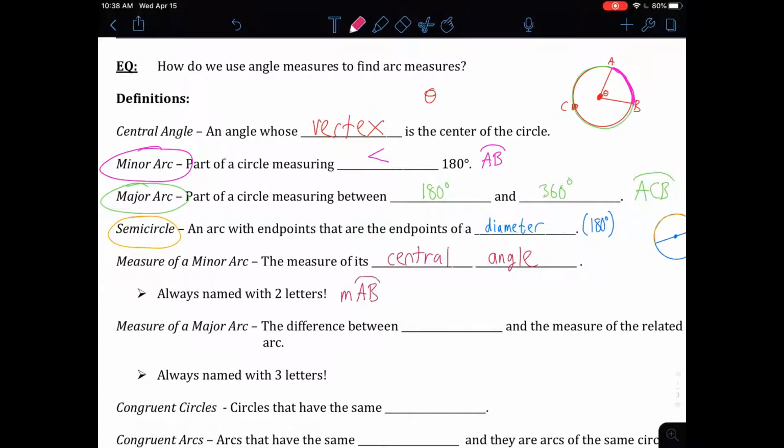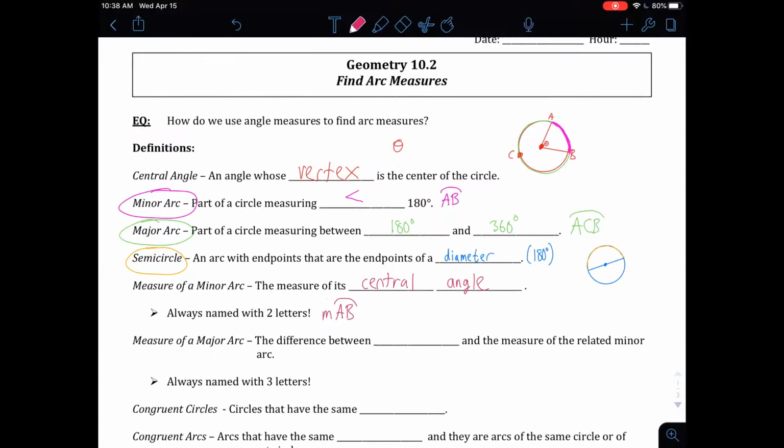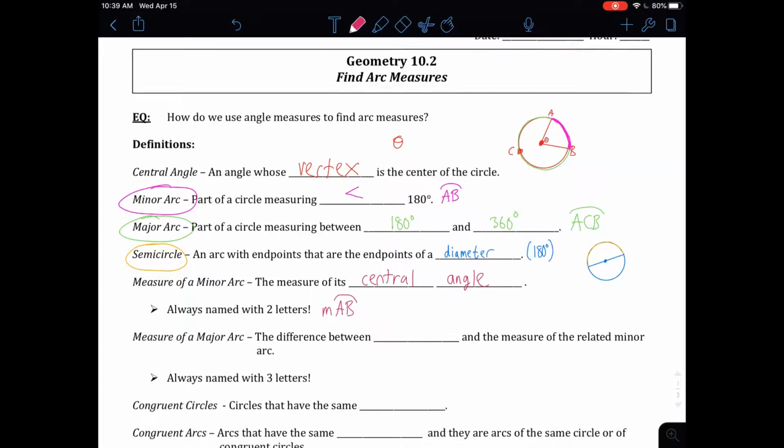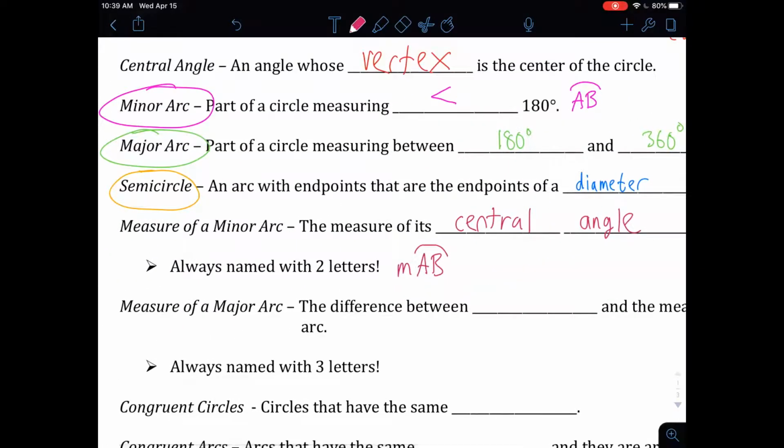It's only going to use two letters because two letters usually means it's a smaller arc, whereas three letters, like with the green one, went all the way around over here. This is three letters like ACB. But for a smaller arc, it's going to be two letters like this. Okay, so this is the measure of minor arc, measure of AB, like that.